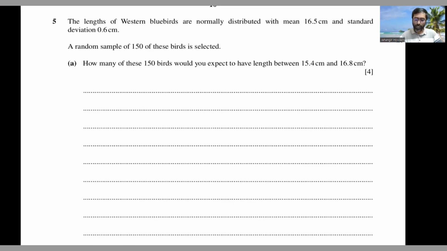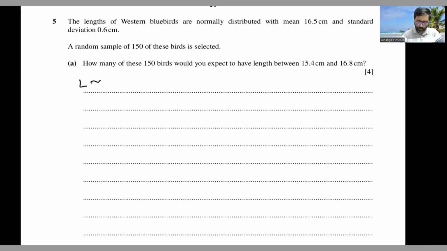First of all, the length follows a normal distribution. To find the number of birds, first you need to find the probability where the length is between 15.4 centimeters and 16.8 centimeters. Then we will find the expected number of birds.